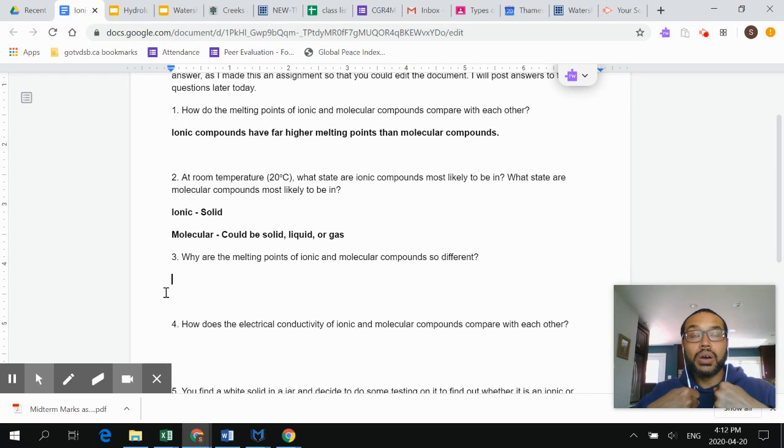And now you've got those ions further apart, moving faster because you've added so much heat. So they've gone from a solid to a liquid. Whereas with those molecular compounds, since you don't have charged atoms, you don't have ions, in that case, they're not so tightly held together. So you don't have to apply as much energy in the form of heat in order to change their state from solid to liquid.